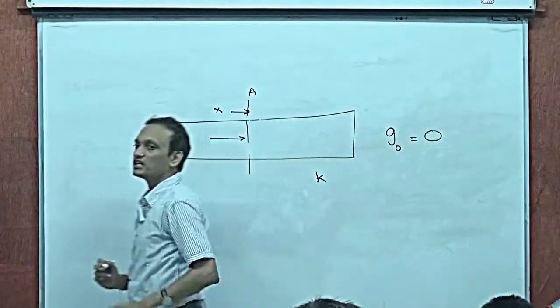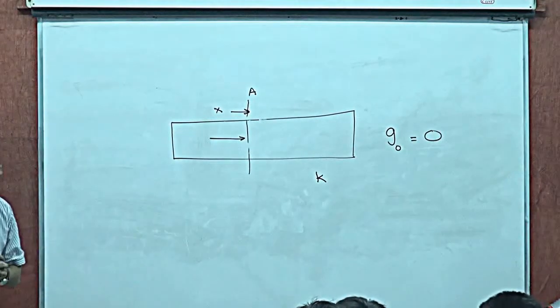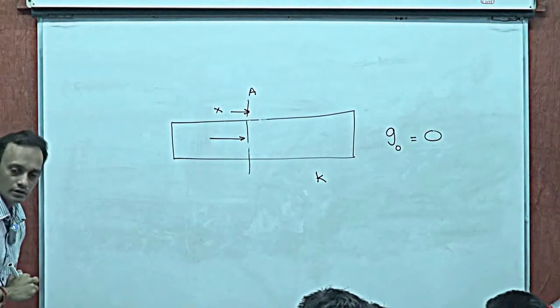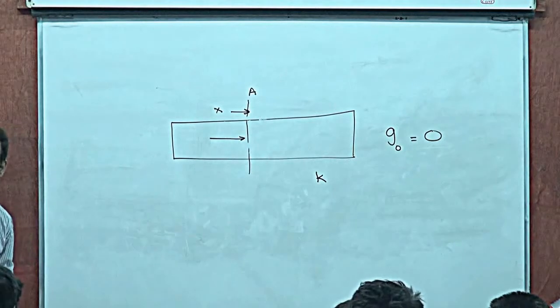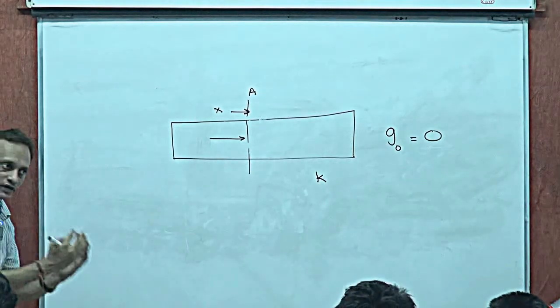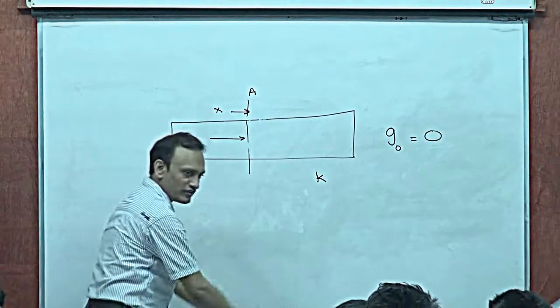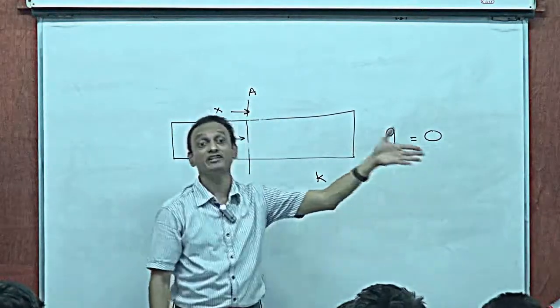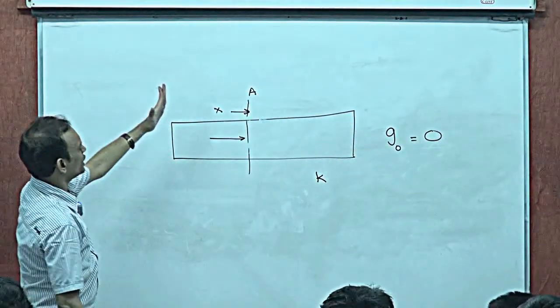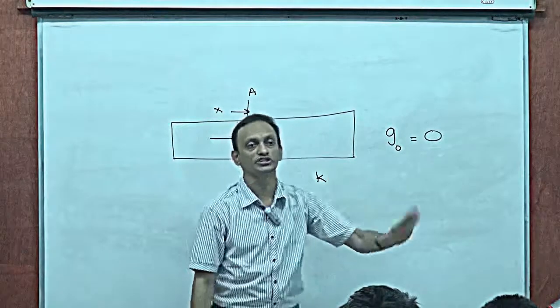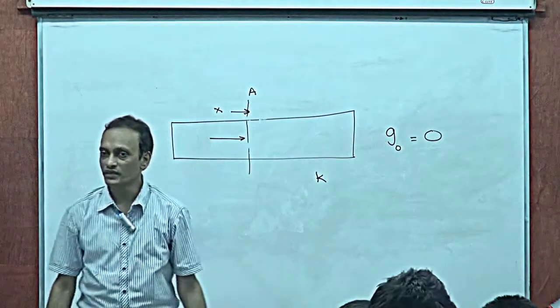One dimensional, heat flowing in one direction, so temperature would be a function of x alone. Steady state conditions, area of cross section is a constant, K is a constant. That's the simplest form of the heat transfer problem.